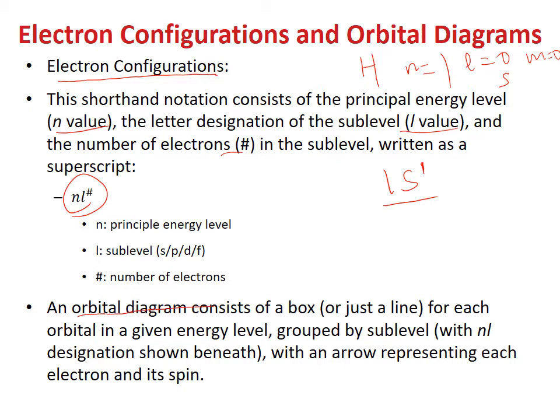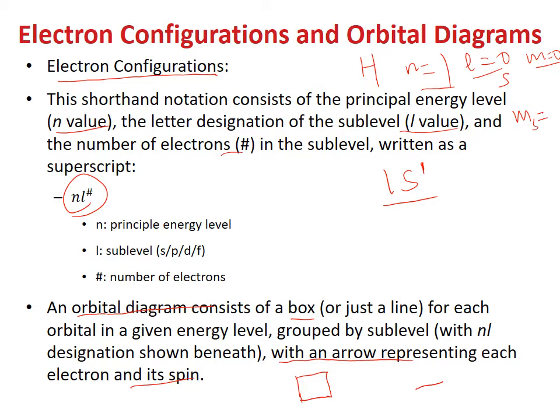An orbital diagram consists of a box, or just a line. So we write a box to represent the 1s orbital for the hydrogen atom, or just a line. And then we put an arrow, with an arrow representing each electron and its spin. Because hydrogen has 4 quantum numbers, n equals 1, l equals 0, m equals 0, the spin quantum number can be half or negative half.